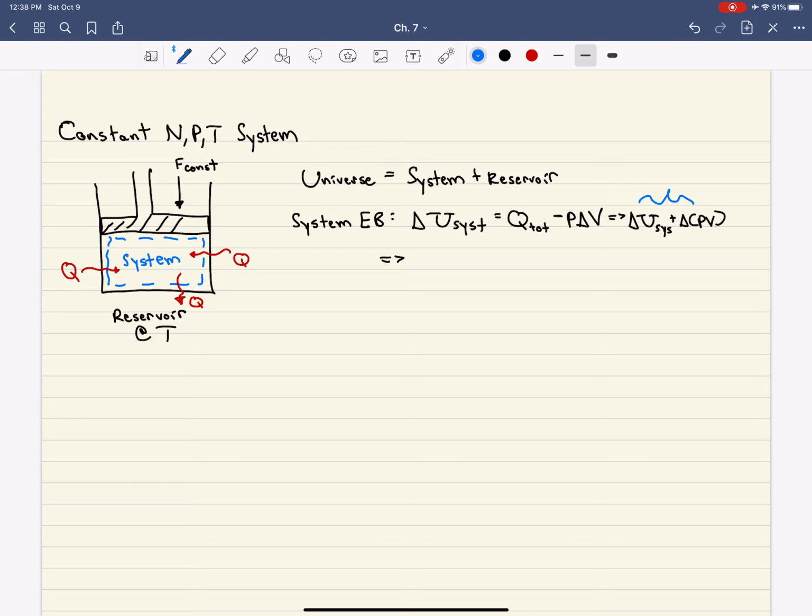Because we know that delta U plus delta PV is just delta H, we then get that the delta H of our system is equal to Q total.